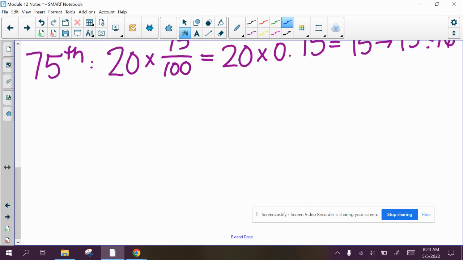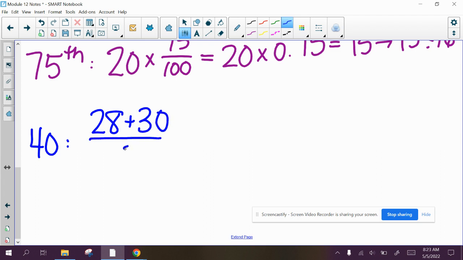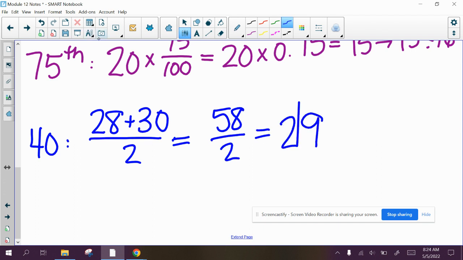So for the 40th percentile, we would get 28 plus 30 divided by 2, which is equal to 58 divided by 2, which is equal to 29. So our 40th percentile there is 29 pounds. And then we do the same thing for 75.